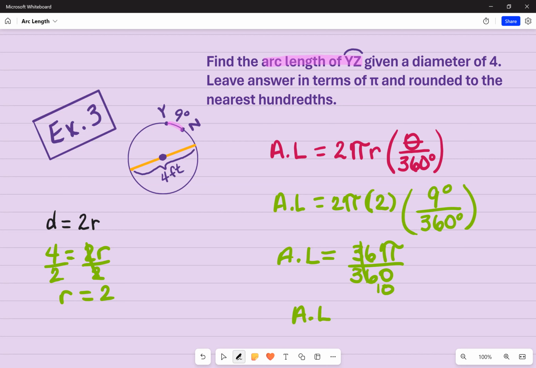So my arc length for this particular example is going to be pi over 10 feet, which is approximately, and I'm getting that from what's given in the information there. Once I put this in the calculator, it's going to give me approximately 0.31 feet because I'm asked to round it to the nearest hundredth.